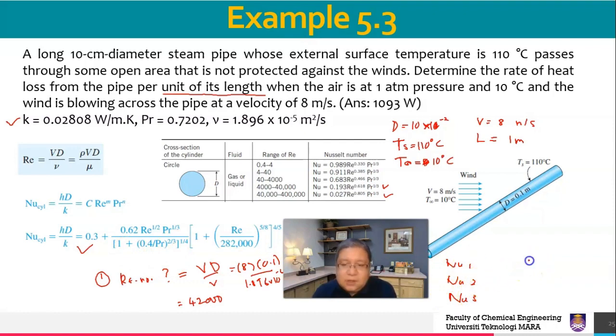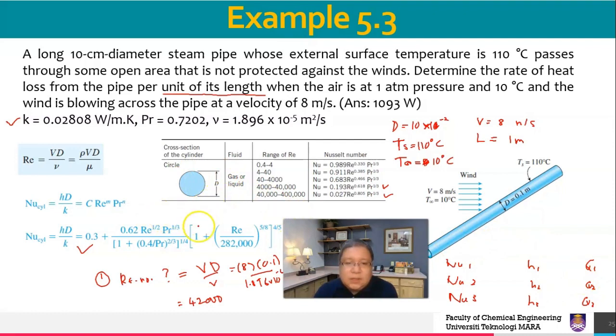Once you get the Nusselt number, you will get H1, H2, H3, meaning h from method 1, method 2, method 3, and you will get Q from method 1, method 2, and method 3. So you try to compare all the answers.